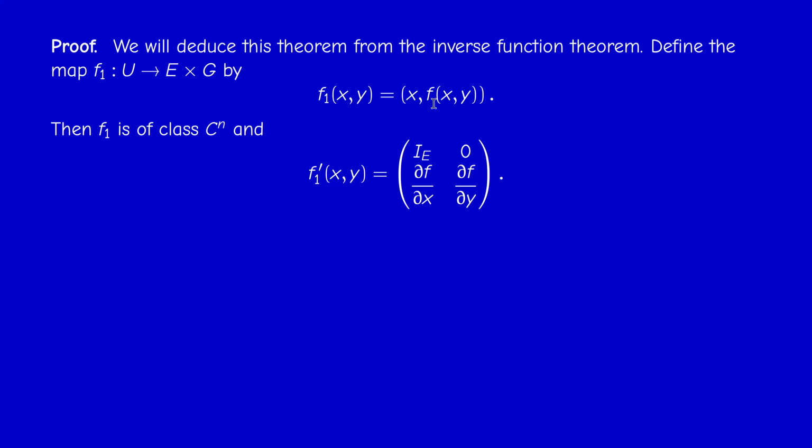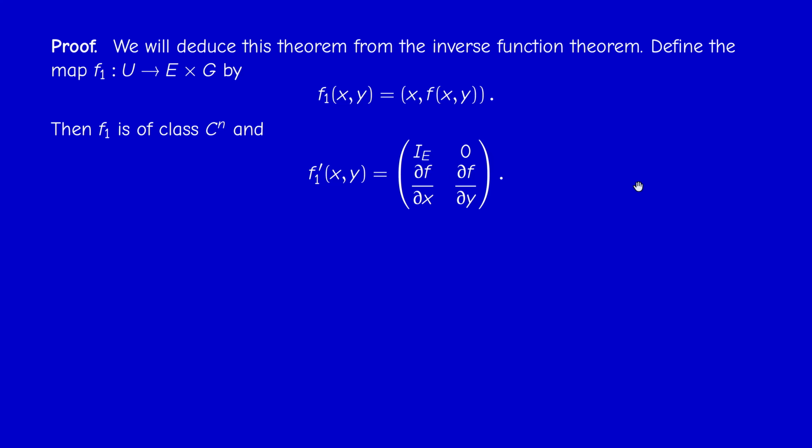The derivative of f with respect to x is this in the second row. So in the first column, I differentiate with respect to x. In the second column, I differentiate with respect to y. So the derivative of x with respect to y is 0, and then I get the derivative of f with respect to y. So what this means is that when I apply F1 prime at (x, y) in the direction (h1, h2), I need to put (h1, h2) as a column vector and then multiply it by this matrix.